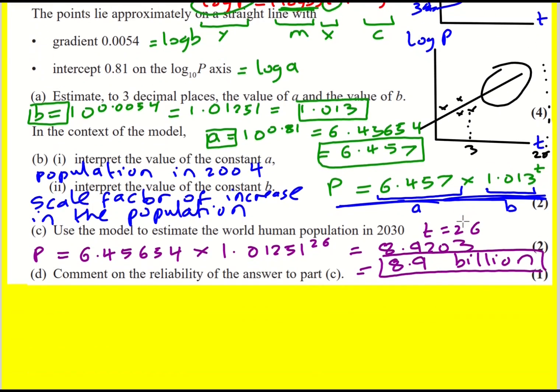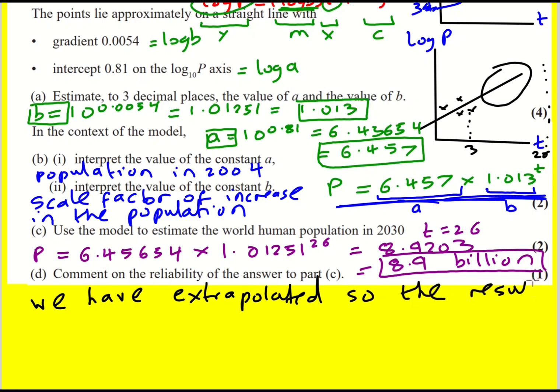So we have extrapolated. And that does mean that you're going outside of the data range. When I wrote it, I wrote we extrapolated outside the data range, but that is what extrapolated means. So the result is unreliable. As long as you say something about it being outside the data range, then you'll be okay. That's it. Well done.